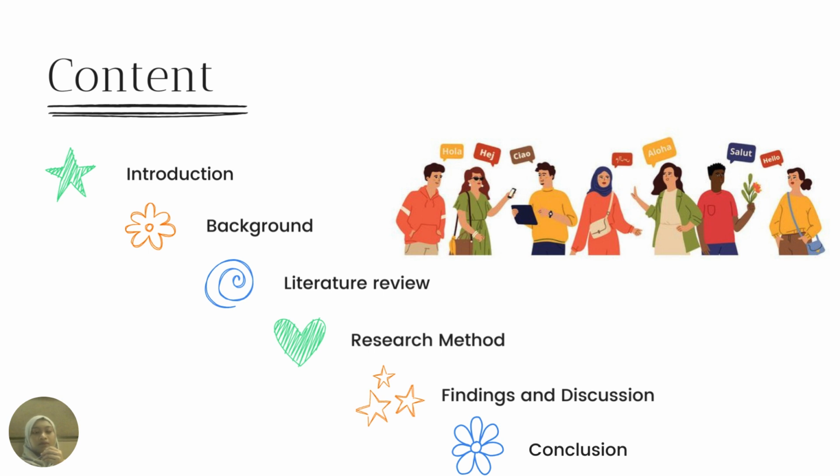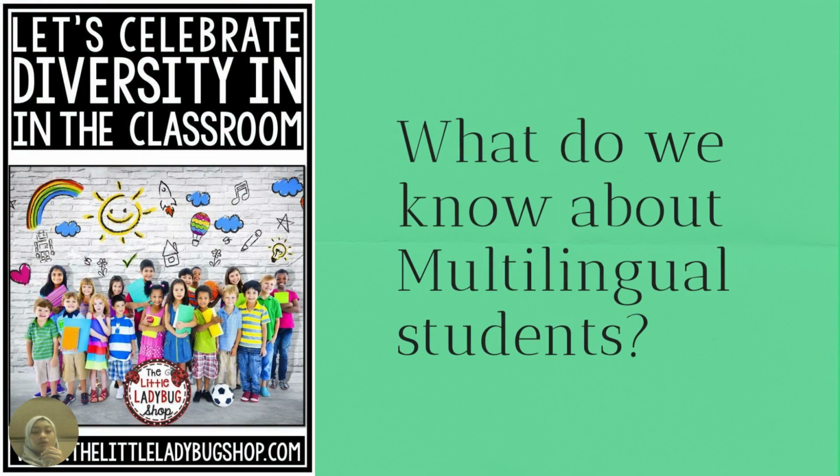Before we move to the introduction, we have to know what we know about multilingual students. As we know, a multilingual student is a student who learns more than three languages, such as Arabic, English, Indonesian, German, and so on. So, what is social emotional learning?